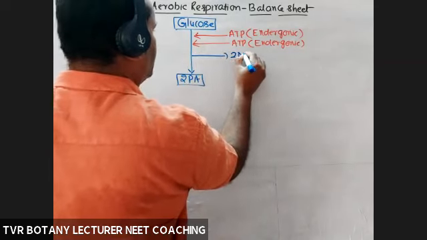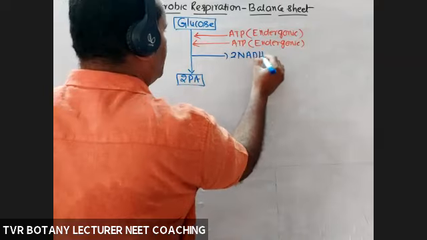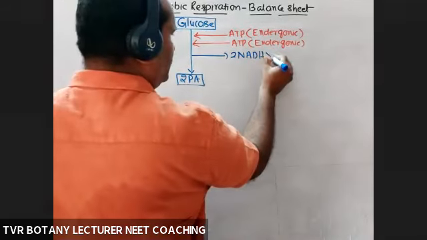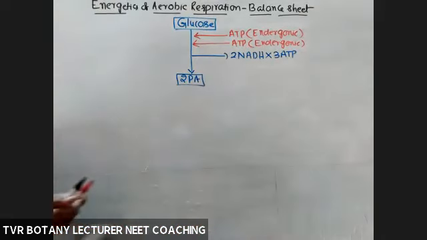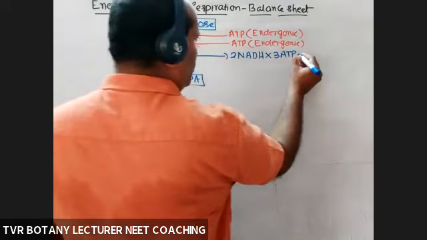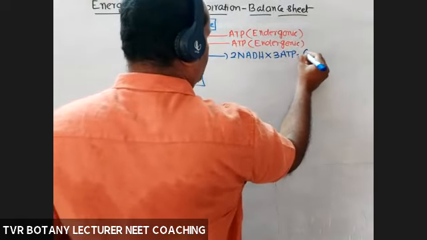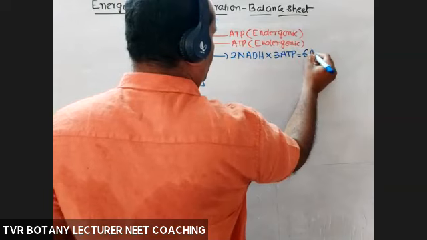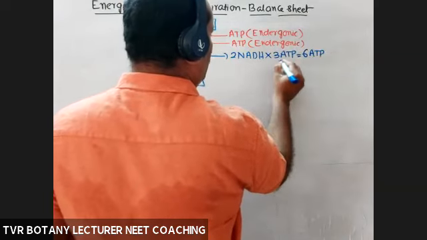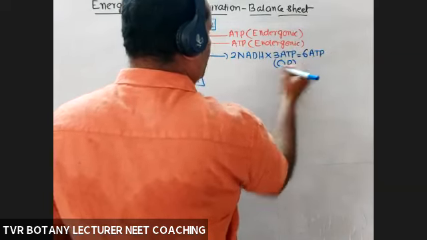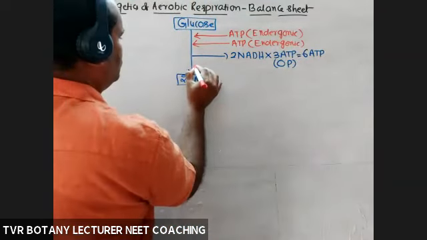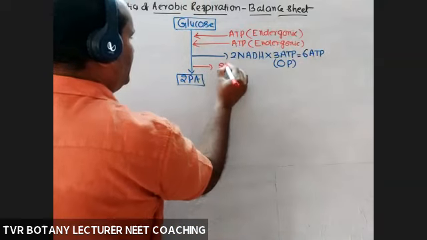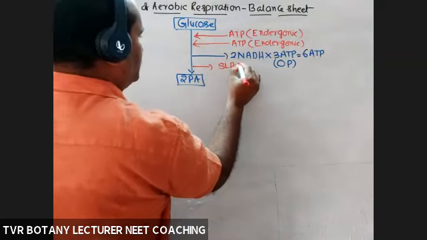Two molecules of NADH. 2 into 3, I'm taking according to NCERT. If it is a Telugu Academy textbook, go for 2 ATP molecules. So how many here? 6 molecules of ATP by OP, I'm writing. Oxidative phosphorylation. Okay. Next. SLP1.